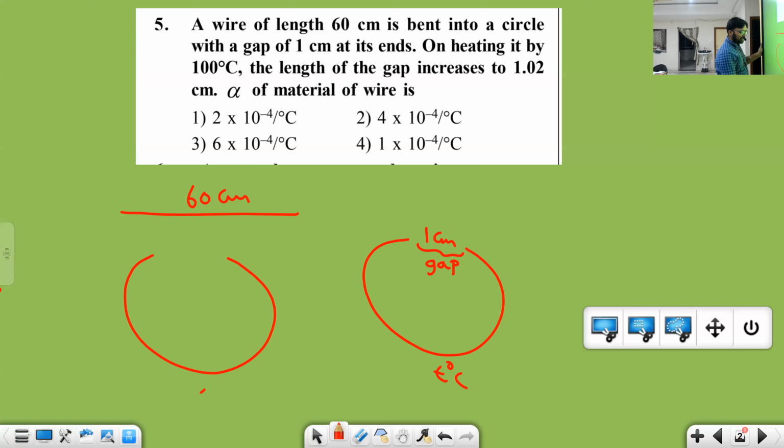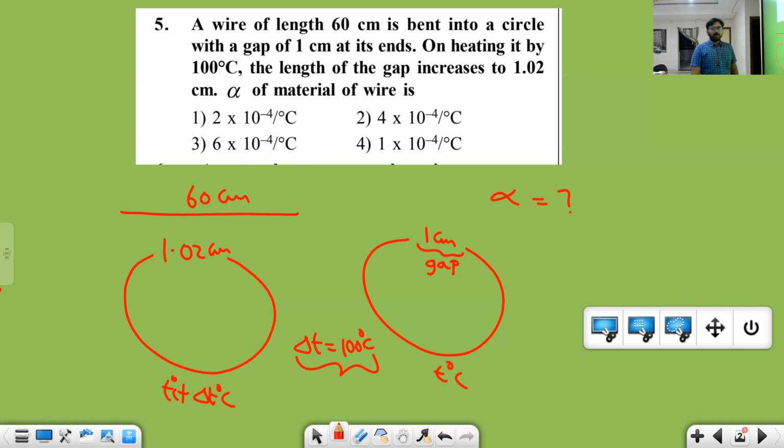Now they increase the temperature to T plus delta T degrees centigrade. So the length has also increased to 1.02 centimeters. They told that on heating it by 100 degrees centigrade, that means delta T is directly 100 degrees centigrade. Simply they are asking us to find the value of alpha of the material.